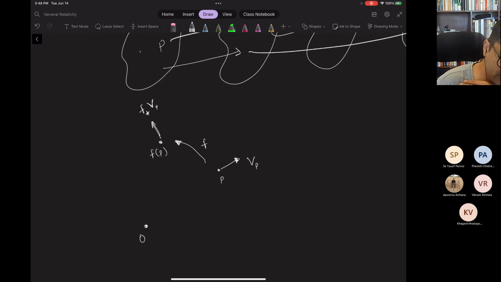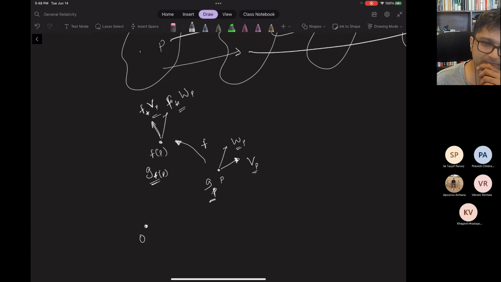If I take the metric G at F of P, and I have two different vector fields V and W, then the inner product of the push forwards under G at F(P) should match the inner product of V_P and W_P under the metric G_P. This is how we defined isometry. So F is an isometry if this is true.